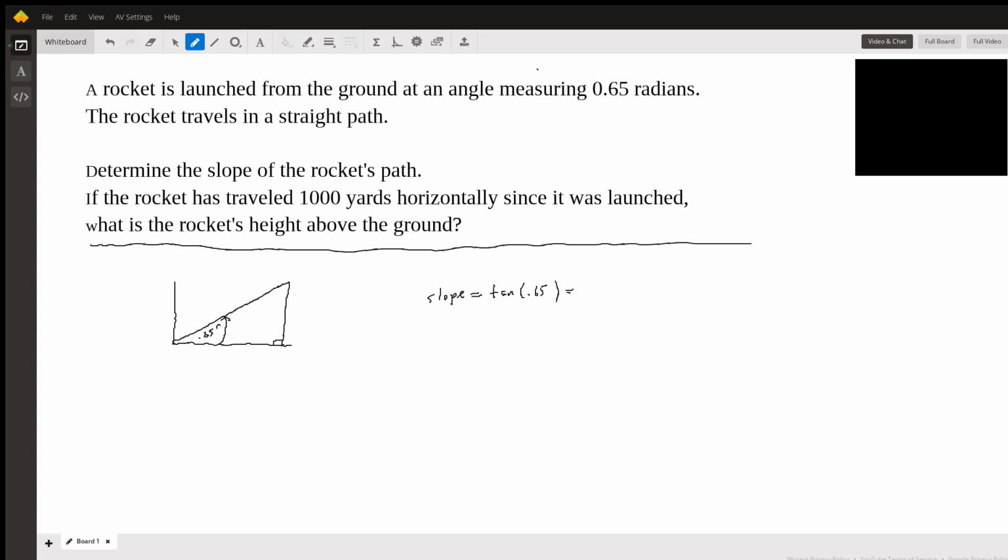And now I'm going to look up the tangent of 0.65 radians. I'm getting 0.76. So that would be the slope. So that's pretty easy. So that's part A here.